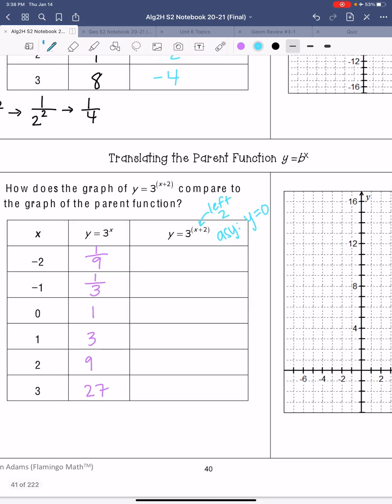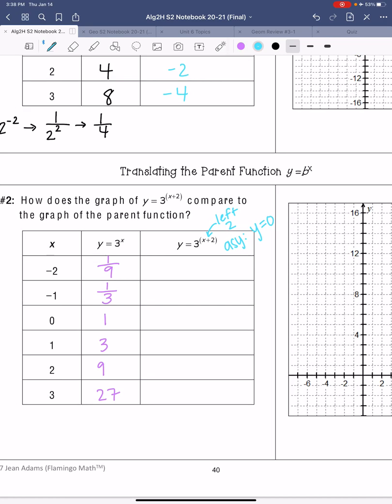All right, I guess we can do that. We'll go ahead and do the T-chart method first this time. So this is inside. So ultimately what's happening is it's going to change our x value. So when we plug in, for instance, -2, we're going to get -2 plus 2, which is 0. And so 3 to the 0 power is now going to give me 1. And then we're going to have -1 plus 2 is 1. 3 to the 1st power is 3.